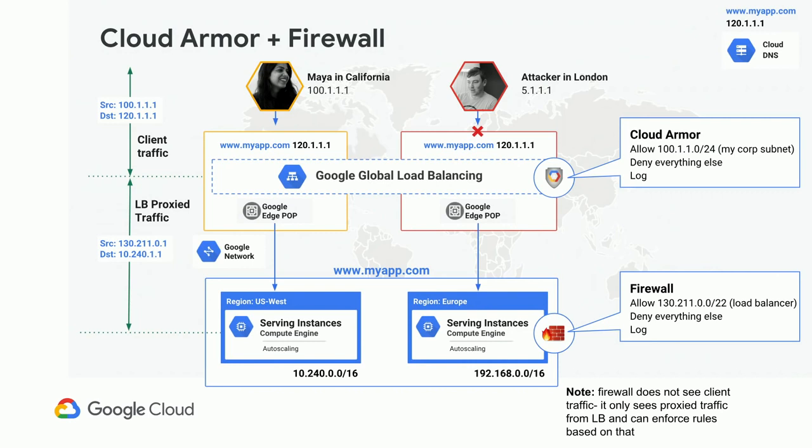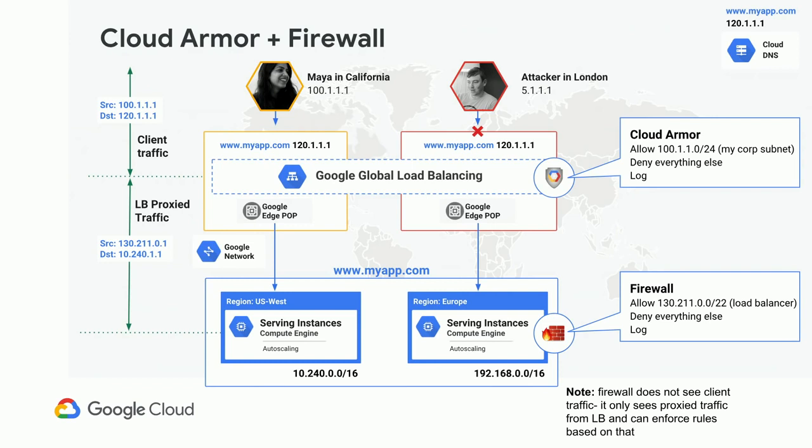Okay, so another solution that we have is Cloud Armor that provides DDoS protection at the edge to your applications. Cloud Armor also integrates with Global Load Balancer. Now we know, right, that instances are protected by firewall rules. Cloud Armor works at the edge to restrict access to the global VIP because the global VIP will have a public IP.